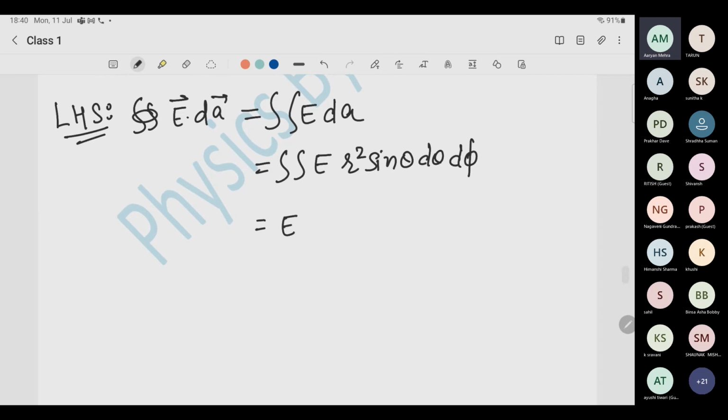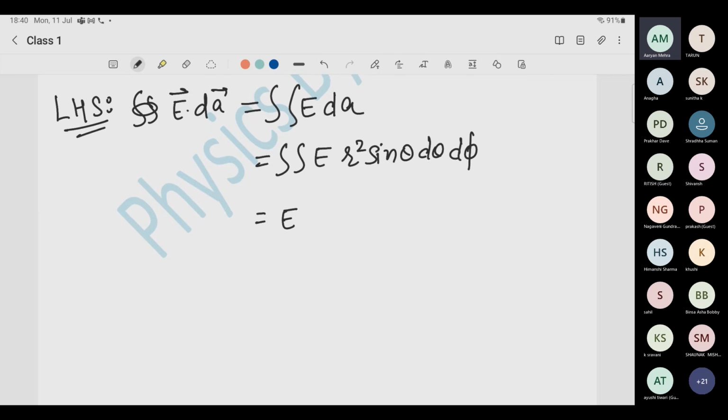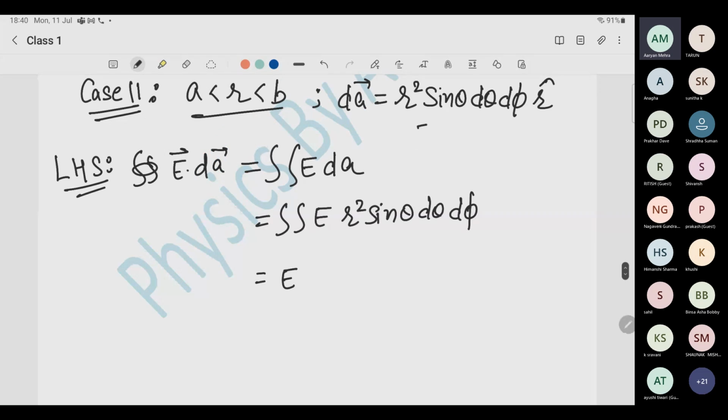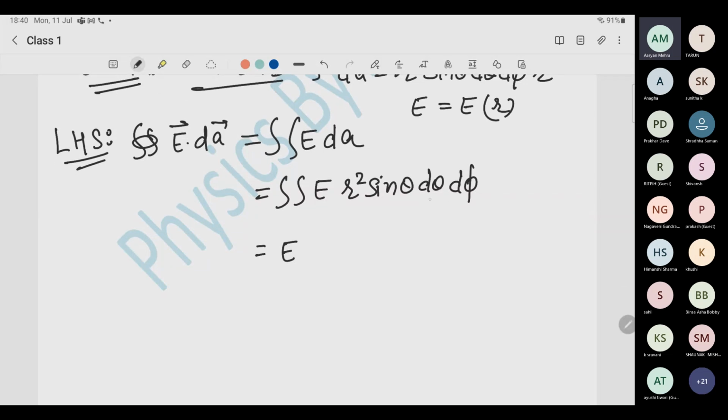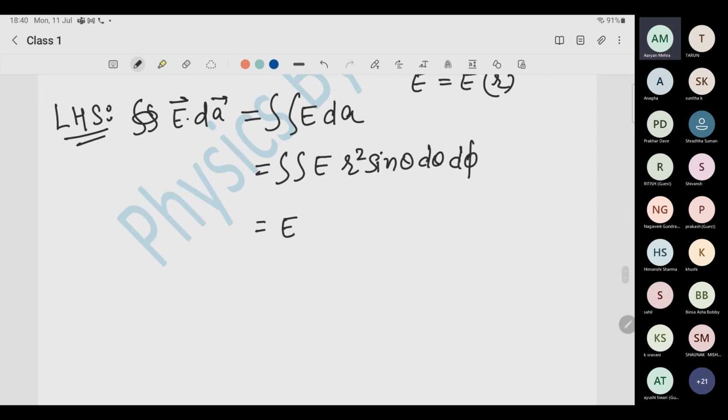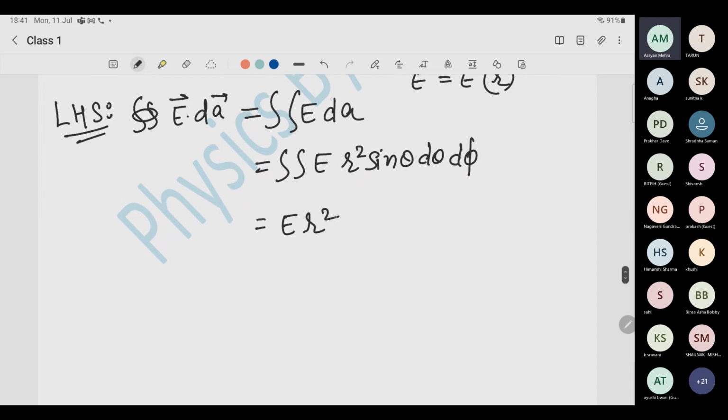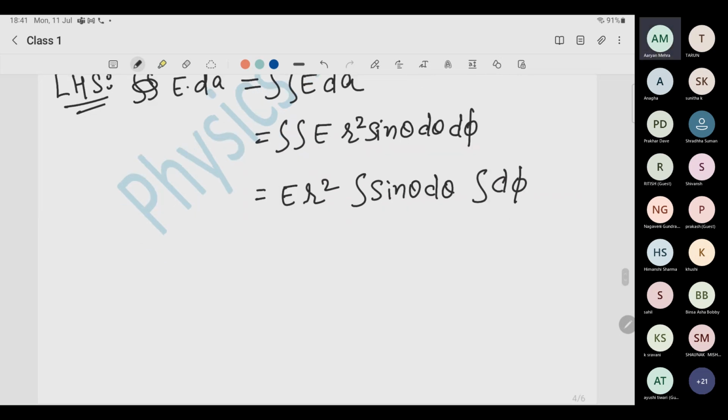Because our electric field only depends upon the distance from the center. Our electric field is a function of r only, not a function of theta or phi. And what is changing here? Theta and phi. So we can bring this E outside the integral. We can bring r square outside because r is fixed also. So sine theta d theta, and we just separated these integrals, phi.